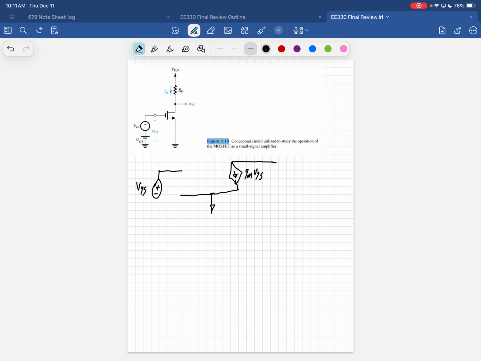So VA becomes infinity, RO becomes infinity. Then on this right-hand section, you're gonna have your RD, and traditionally it would go to VDD, but because we're in the small signal model, we can just put it to ground, as we mentioned earlier. Then here is going to be your VDS or Vout.